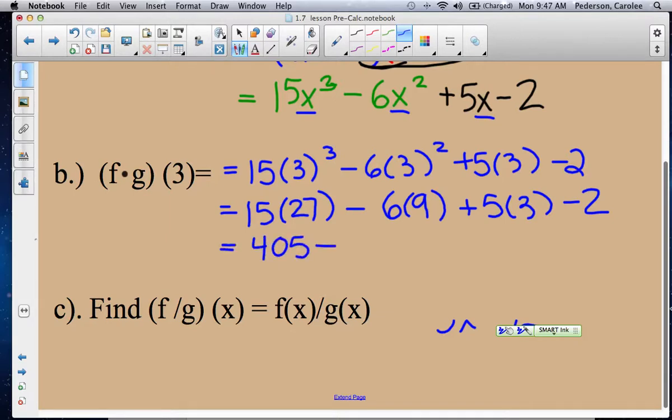6 times 9. 54. Okay, don't forget the negative out in front there. 5 times 3. 15. And then minus 2. Plug it in your calculator. 405 minus 54 plus 15 minus 2.